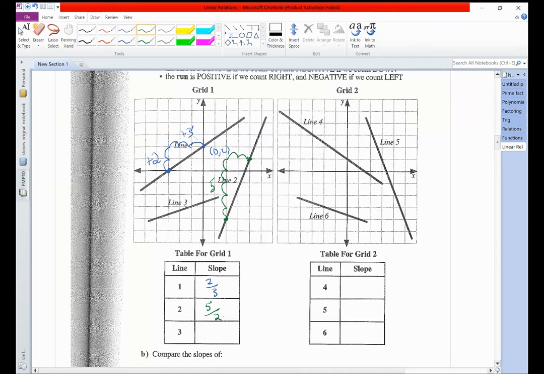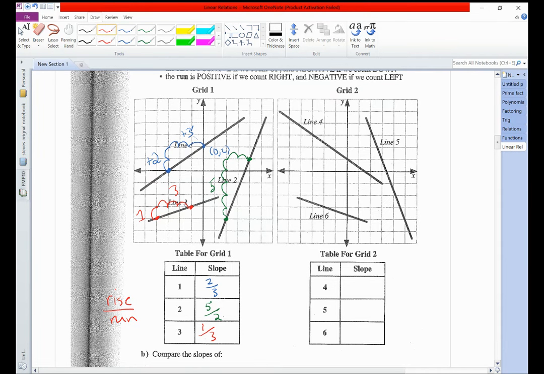And then we'll do line 3 as well. Looks like I can choose that point right there and that point right there. And I can say my rise is 1 and my run is 1, 2, 3. So rise over run, remember, gets me 1/3.